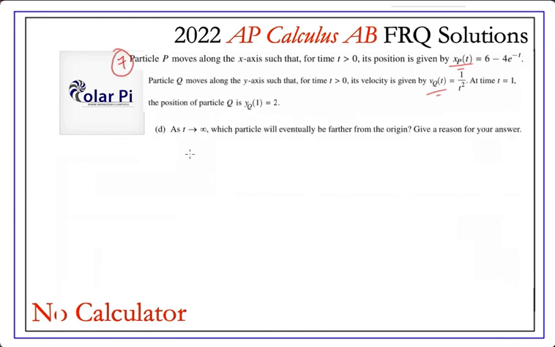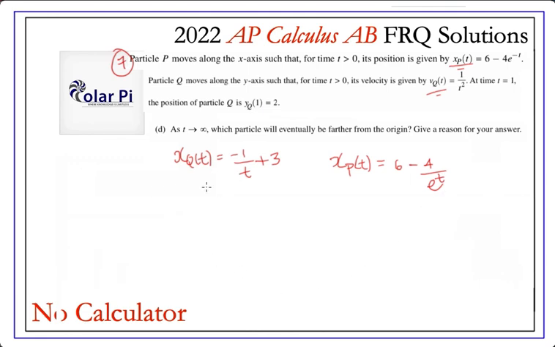Okay, so for this last question of the last problem, we needed to recall that x_Q of t from part C, sorry, I'm a little tired, is negative 1 over t plus 3. And we're given x_P of t from the start, which is 6 minus 4e to the negative t, which we can write like this.